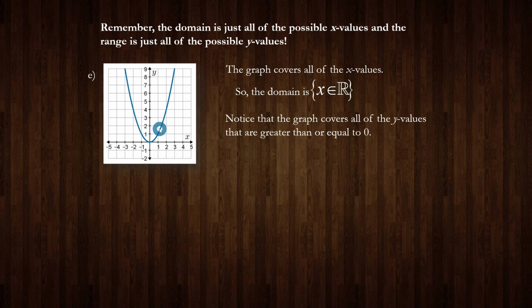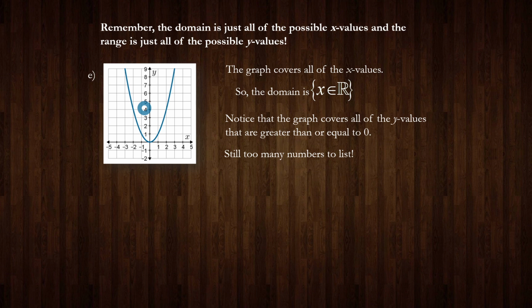All of the other y values for this particular function are greater than 0. They're higher than 0. So we need a way to state we're talking about a lot of y values, and they're all real numbers, but we're only talking about the y values that are 0 or higher. And here's how we would write that.